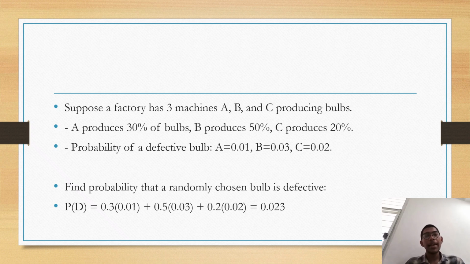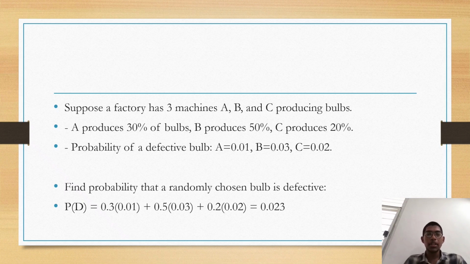Suppose a factory has three machines, A, B, and C, producing bulbs. A produces 30% of bulbs, B produces 50% of bulbs, C produces 20% of bulbs. Probability of a defective bulb: A equals 0.01, B equals 0.03, C equals 0.02.